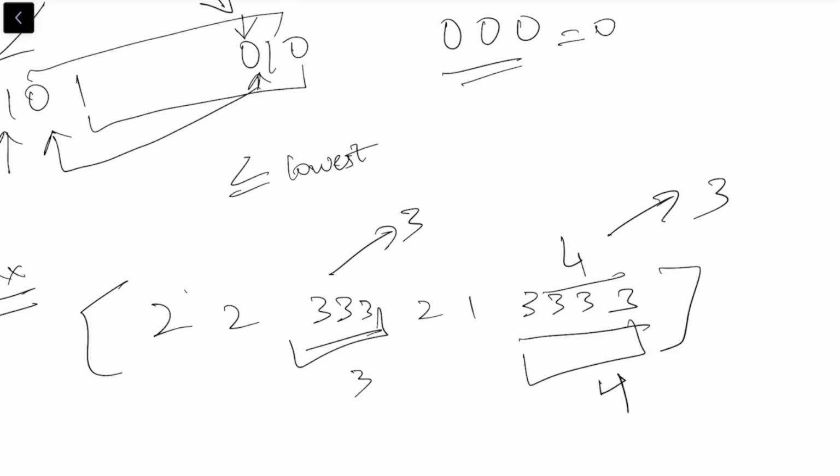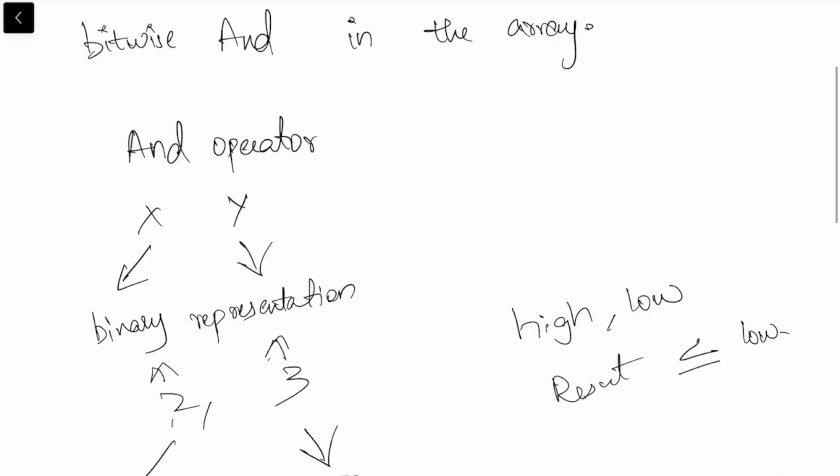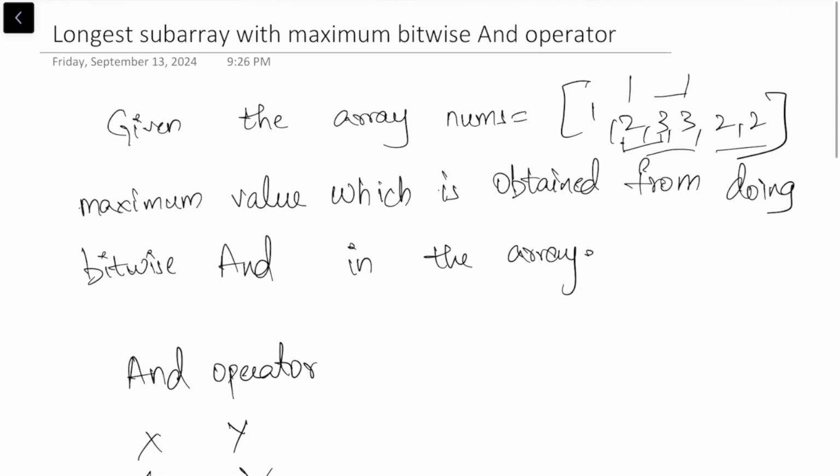That's what we need to do. We'll find the maximum value, iterate over the array, and try to find the length of the longest run of subarrays where the maximum element occurs.